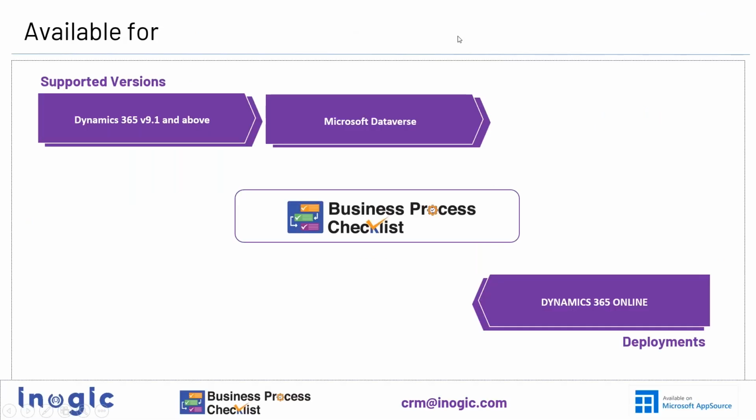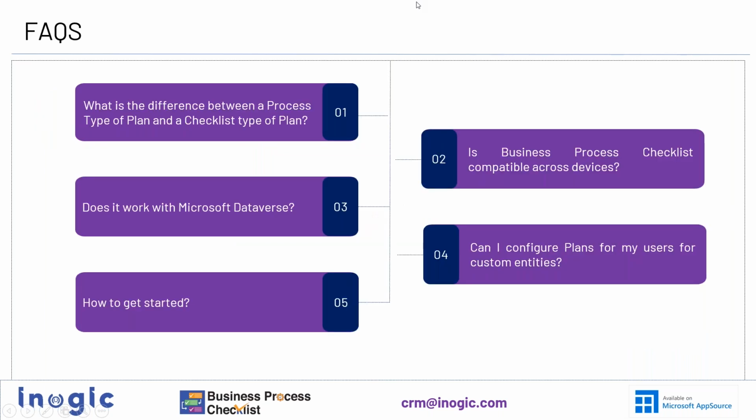Now, business process checklist is supported on Microsoft Dynamics version 9.1 and above, and of course for the Microsoft Dataverse as well. It can be deployed on Dynamics 365 online. Now, before I open the floor for the Q&A session, let me walk you through the frequently asked questions that I generally encounter during the prospects and the customers interaction.